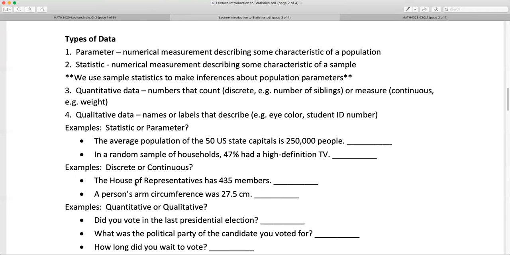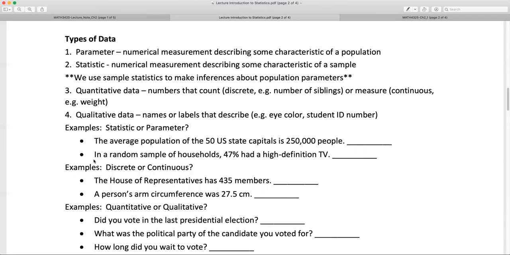Discrete means a number of siblings or a number of items. Or measured, continuous: weight, height, or length. And qualitative data, also called categorical data, is a name or label that describes eye color, ID number, digital number, password number, or a level: low, medium, high.